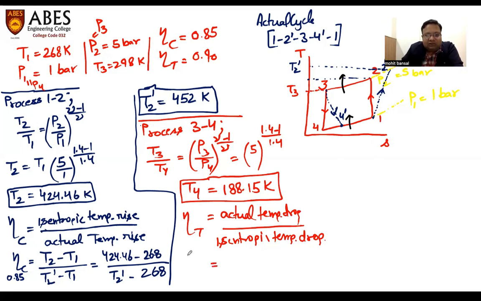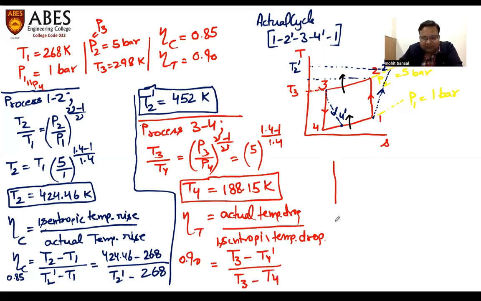So it is given to us 0.90 isentropic efficiency. Actual temperature drop is T3 minus T4 dash, the actual temperature of the cycle, and the isentropic temperature drop will be T3 minus T4.